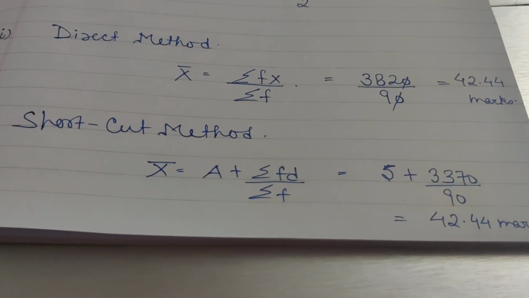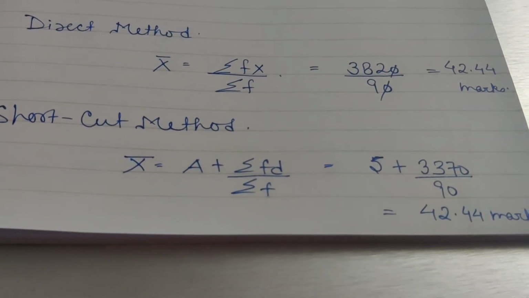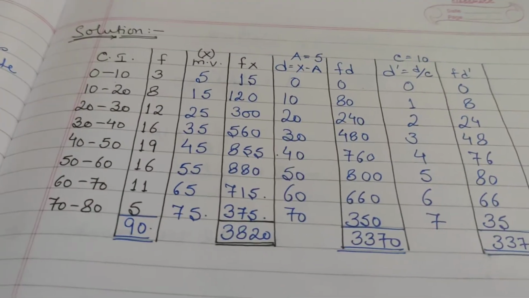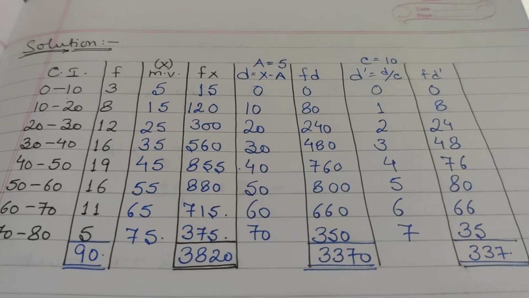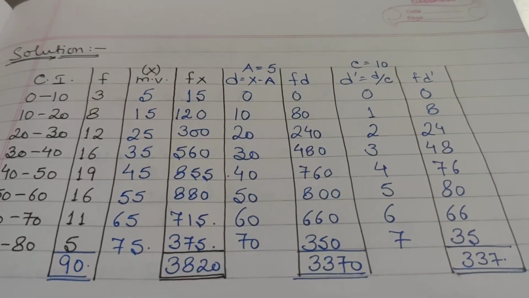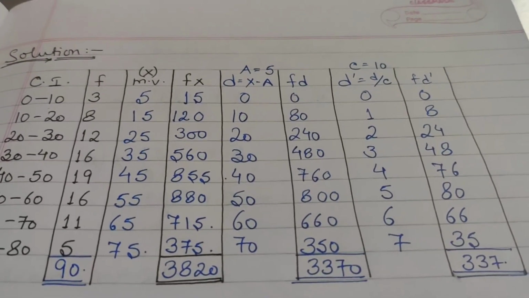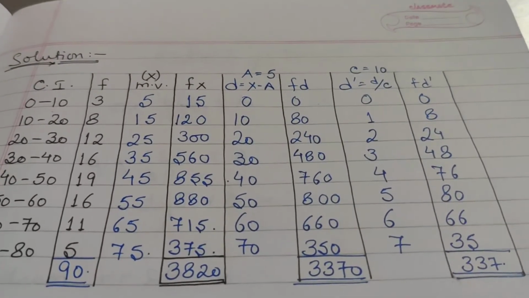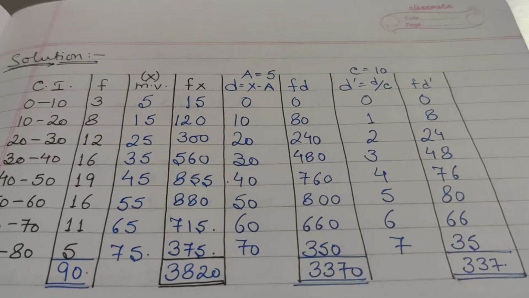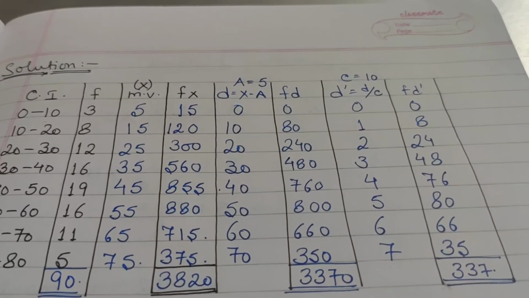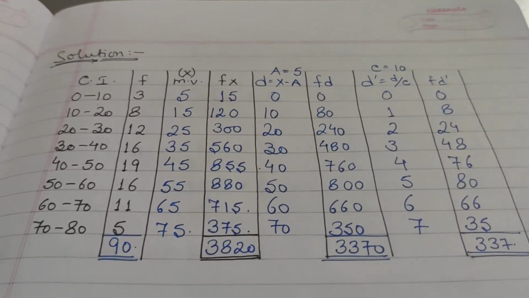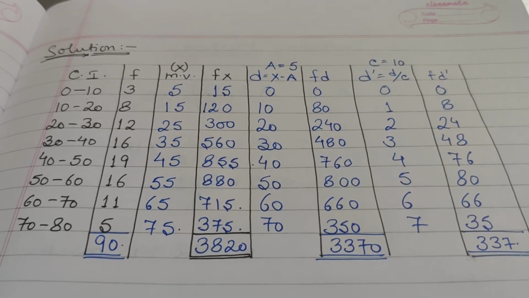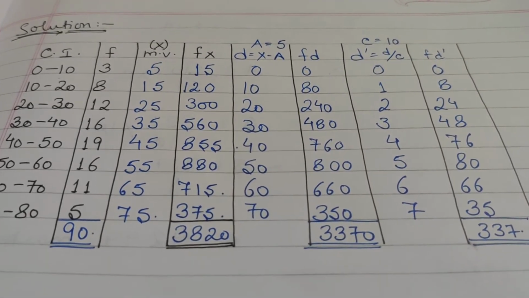In the shortcut method, you again have to calculate a plus sigma fd upon sigma f. To find d, we take the smallest number in the series of x. I have taken 5 because this is the smallest number of x, and then I have calculated d. To find fd, I have multiplied f with d: 3 into 0, 8 into 10, 12 into 20, 16 into 30 and so on.